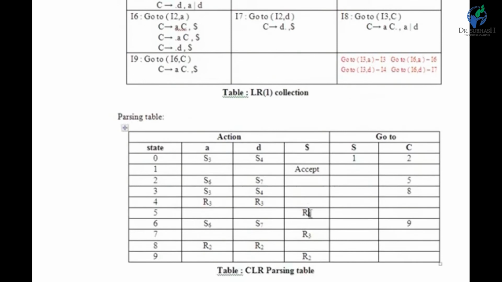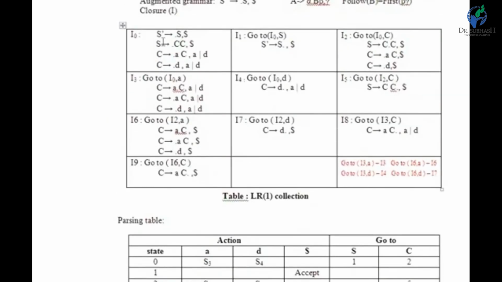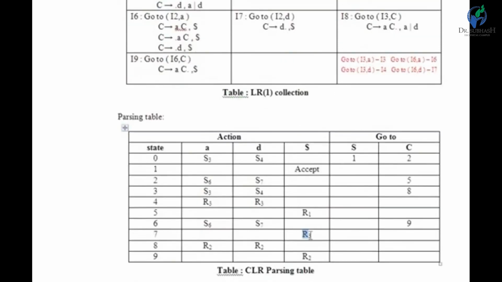So write down R1. Another complete entry is I7. C gives D dot. So write the reduce entry in the 7th row at the dollar lookahead. C gives D is at position number 3. 0, 1, 2 and 3. So write down R3.